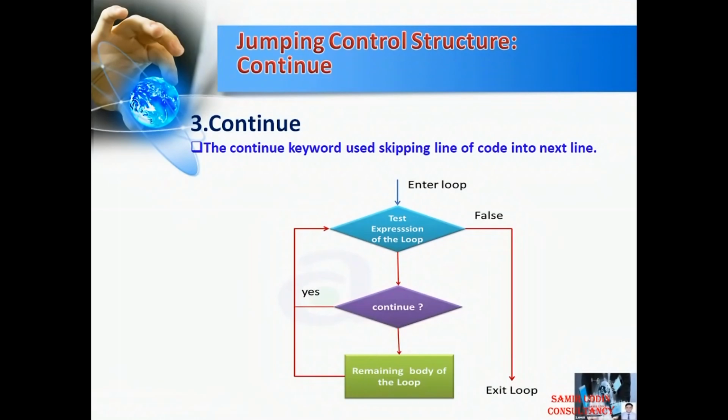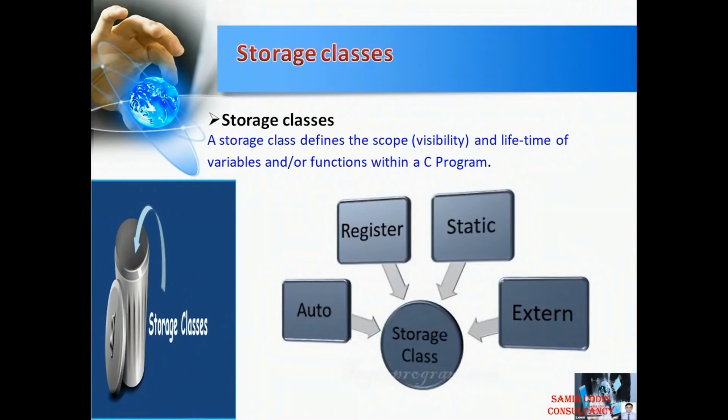Till now, we have completed the decision making control structure, iterative control structure, and jumping control structure successfully. Now, we are going to talk about storage classes. A storage class defines the scope, visibility, and lifetime of a variable and function within a C program.